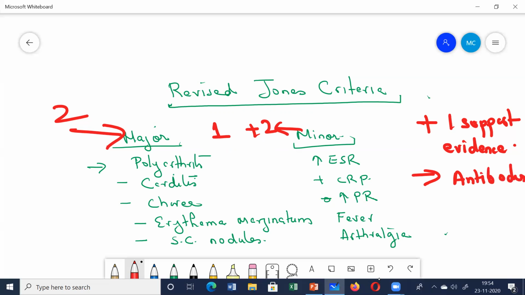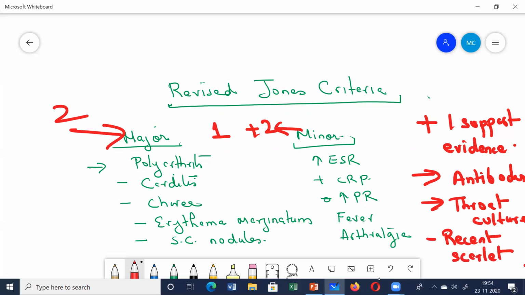As I told you, the anti-streptolysin O, the anti-DNase B and anti-streptozyme antibody tests, if they come out positive, or if there is a positive throat culture, or if the patient tells you that they had a recent scarlet fever. So these are the supporting evidence. At least one supporting evidence has to be present, along with two major or one major plus two minor criteria. Very, very important. Remember the revised Jones criteria.